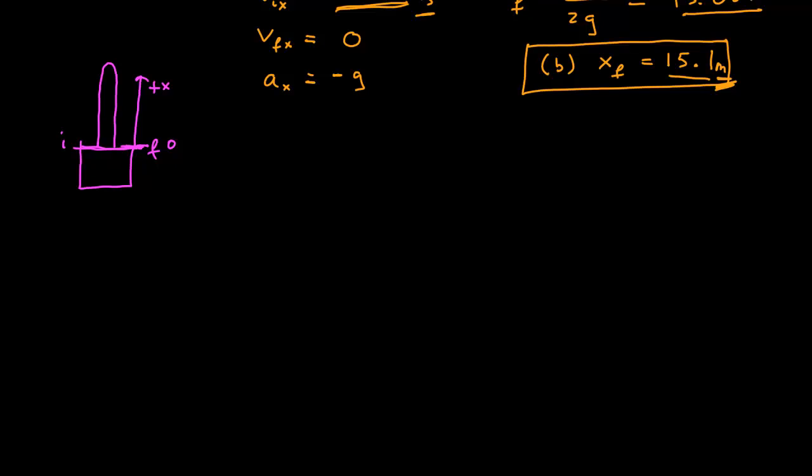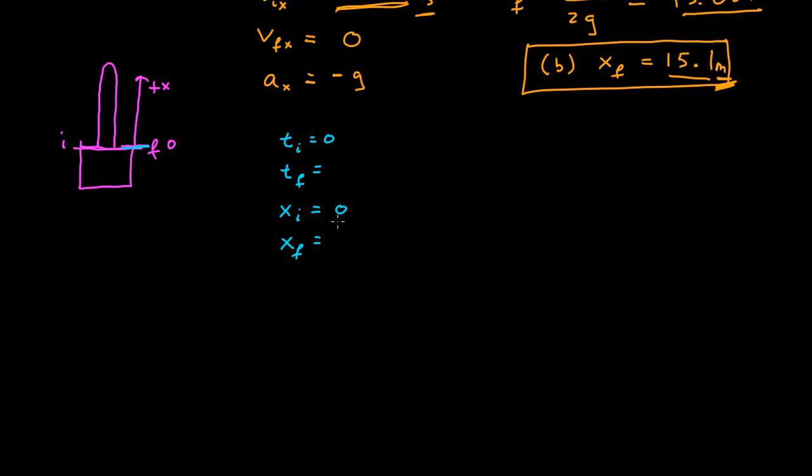Okay, so now what do I know and what do I want to find out? My initial time, I'm just going to call that 0. I have the freedom to do that. My final time then is what I'm trying to find. My initial position, given this coordinate system, is equal to 0.